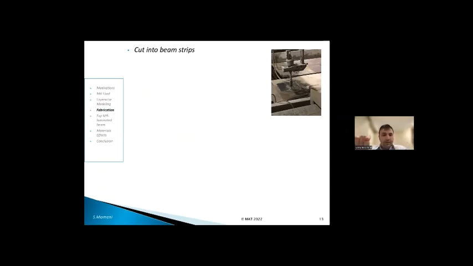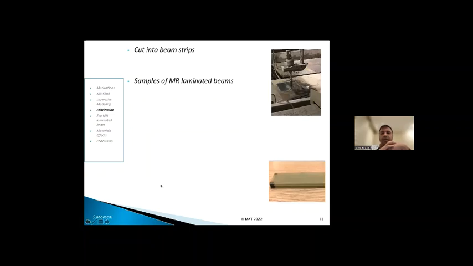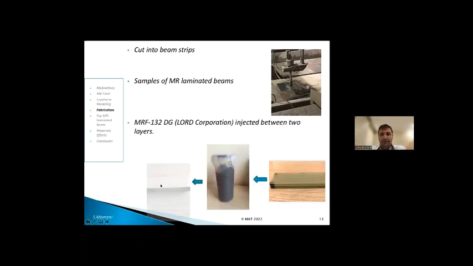If you click it, okay, you can see a sample of MR laminated beams without MR fluid in the right figure. And by injection of MRF 162, built by the Lord Corporation, between layers 2 and 4, you can build the MR laminated beams for different materials.